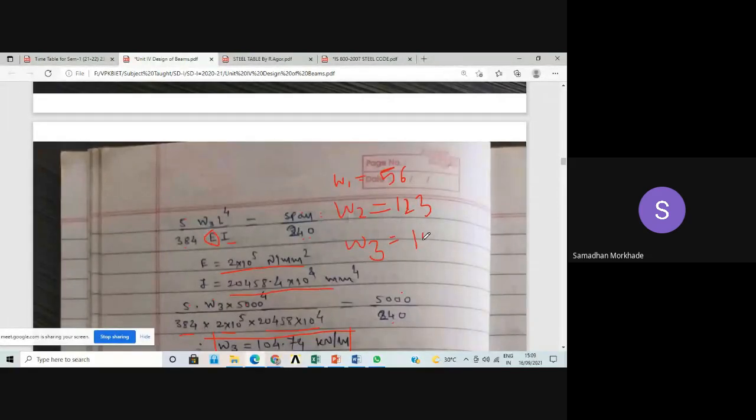Now see, tell me the largest load the beam can carry.